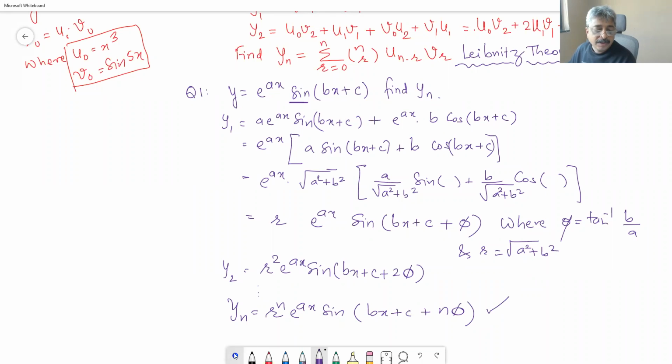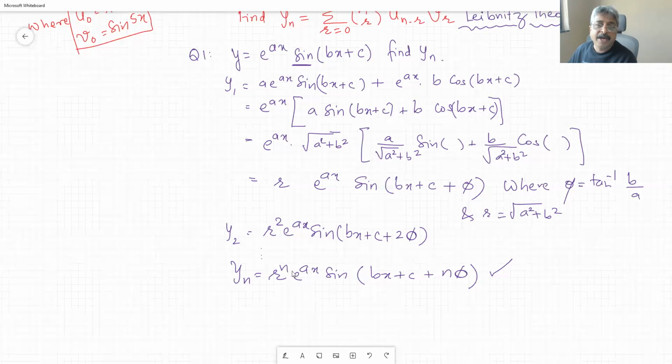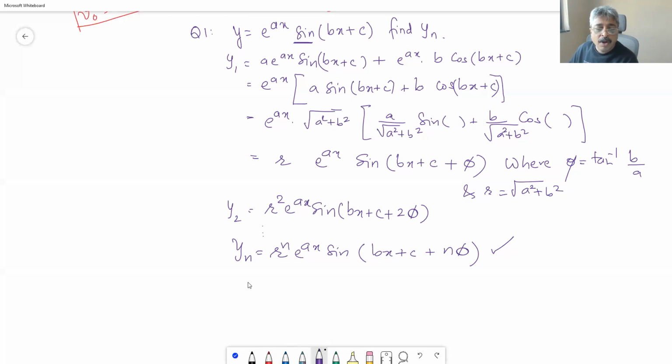This is important. Similarly, if we have function y is equal to e raised to ax cos bx plus c, find yn. Okay, write down what is yn. It is going to be similar, and then by using this we will try to solve one problem.